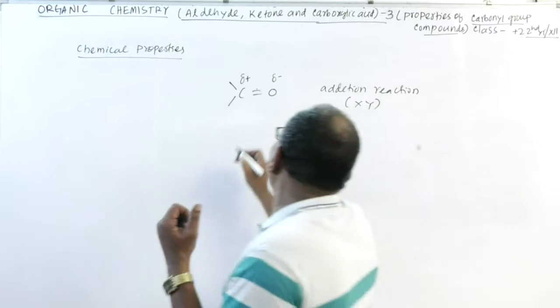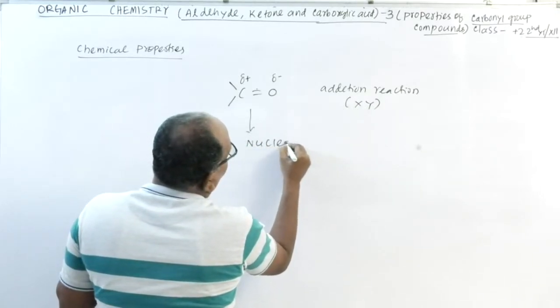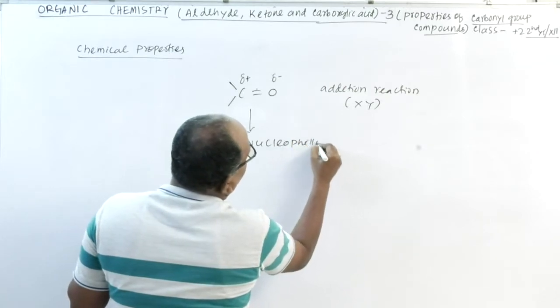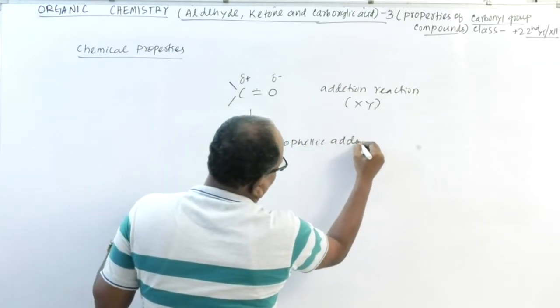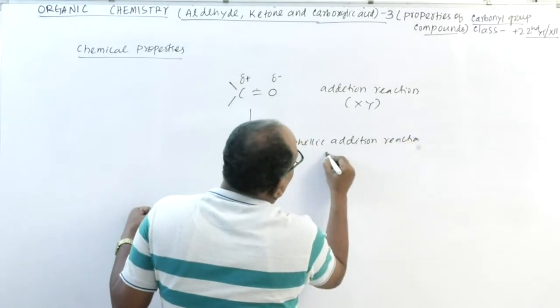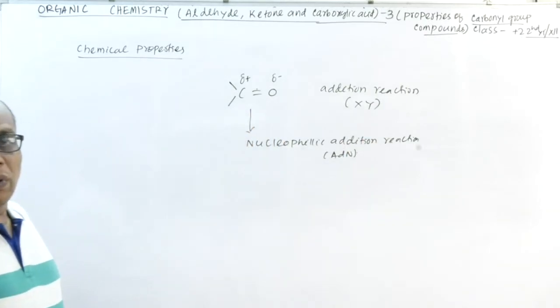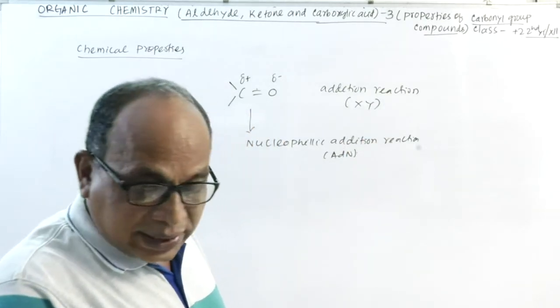Okay, next question, what type of addition reaction is shown by the carbonyl group compound? The carbonyl group compounds show the nucleophilic addition reaction, that is AdN. Why does it show nucleophilic addition reaction?